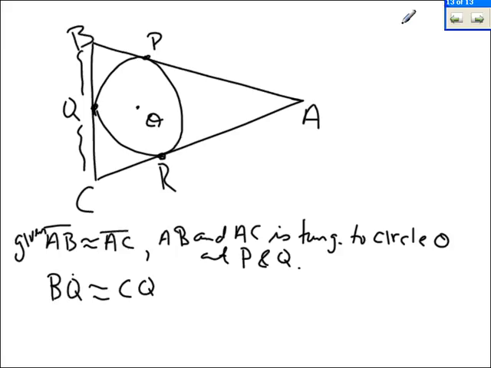And you want to prove that those bases are the same. That QC is bisected, or Q is the midpoint of BC.